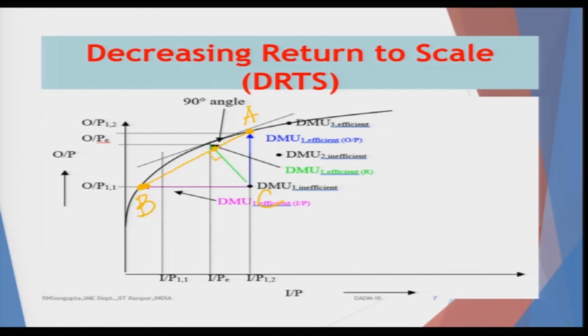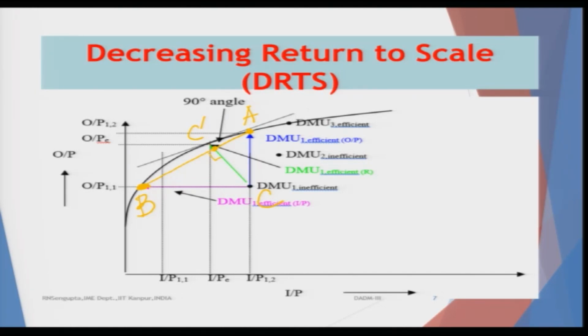line is now the efficient one, because I have not been able to draw the curve considering there are only 2 points A and B, there are no more points in between A and B. So, consider this is C dash. So, if C wants to become C dash, there has to be an increase in the output and a decrease in the input. So, the proportional increase in the output and decrease in the input would be happening.